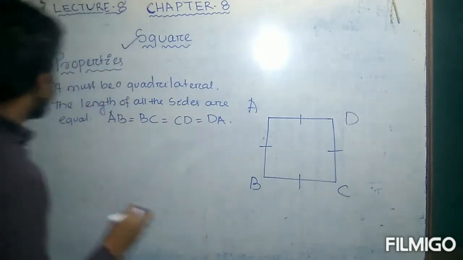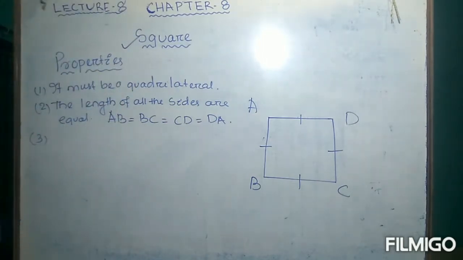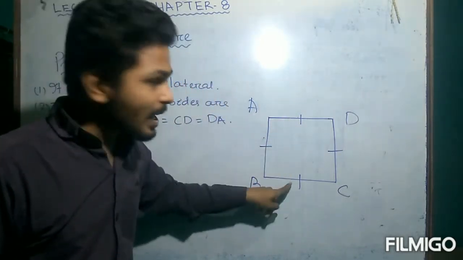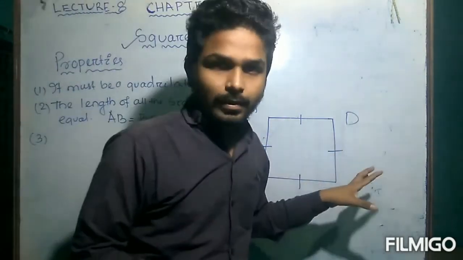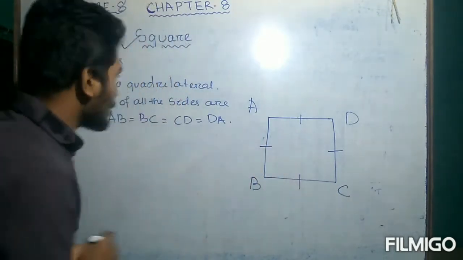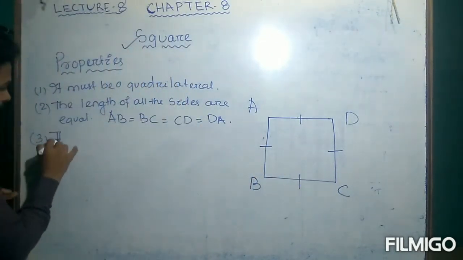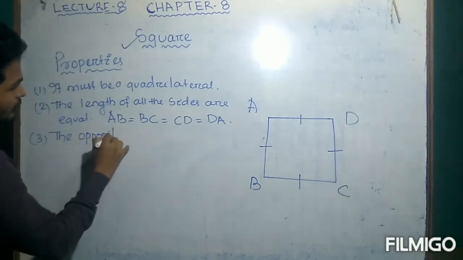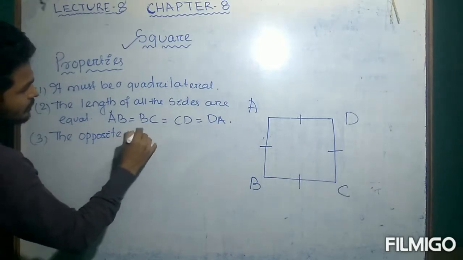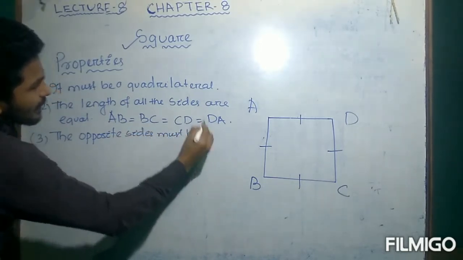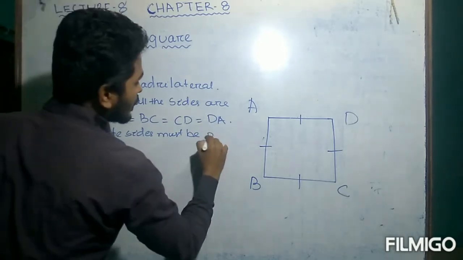Got it? Third property. The third property is that the opposite sides must be parallel. You can write the opposite sides must be parallel.